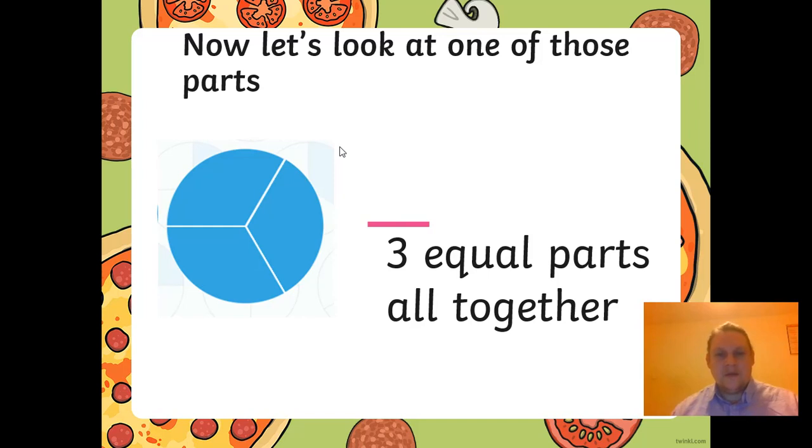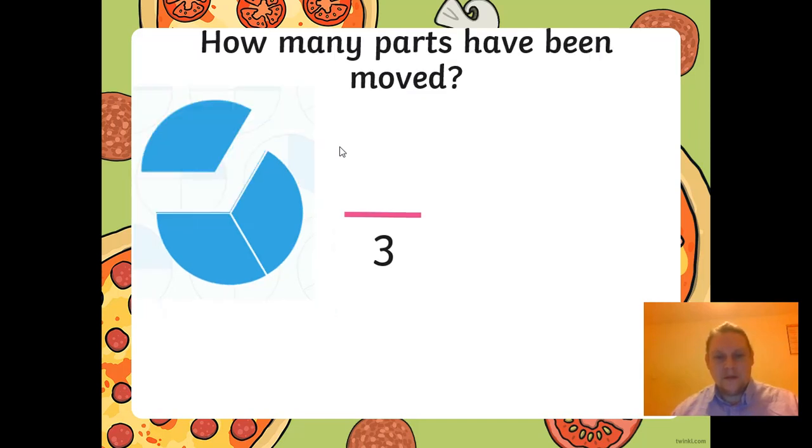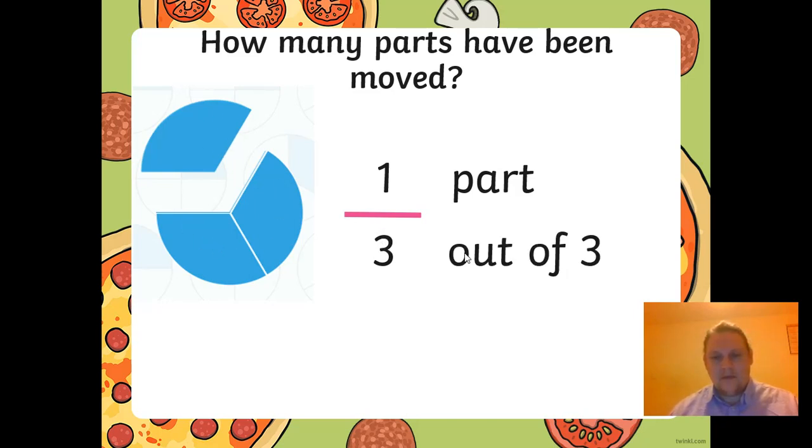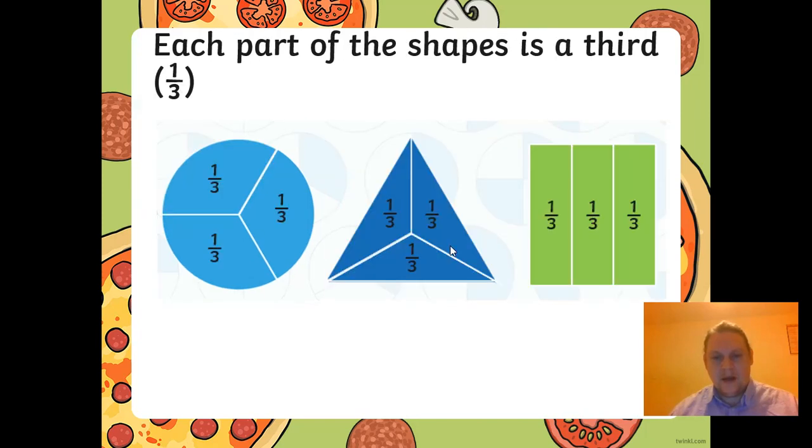Now let's look at one of those parts. This is the part that we're interested in. 1 part, that's the top number, out of these 3 that make up the whole. 1 part out of 3. Each part of the shape is a third, written 1/3.